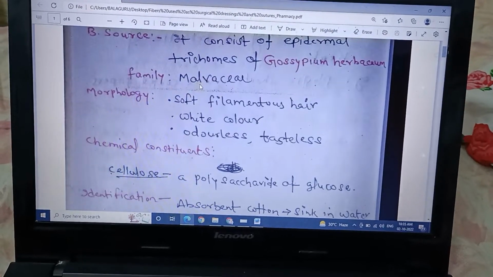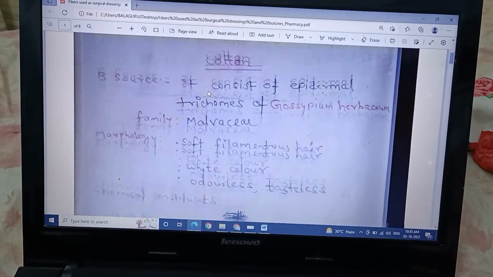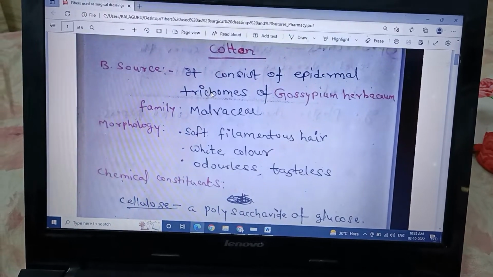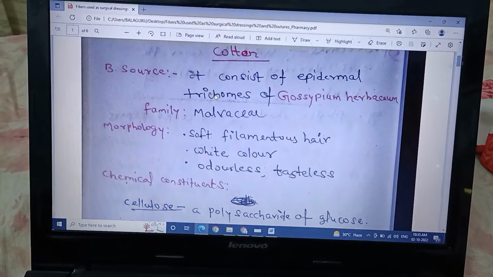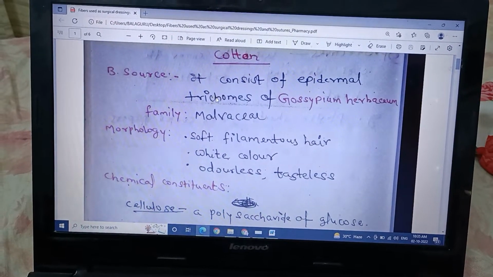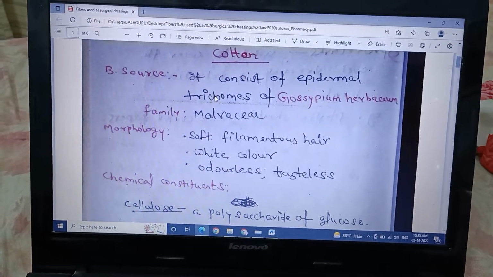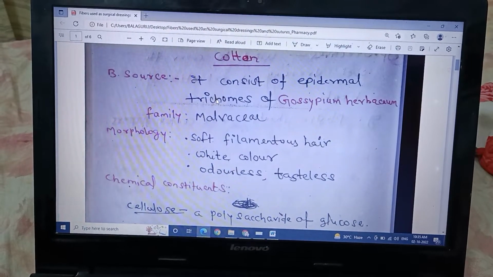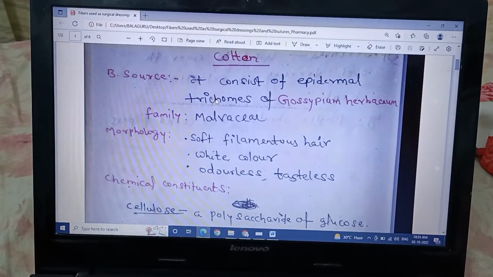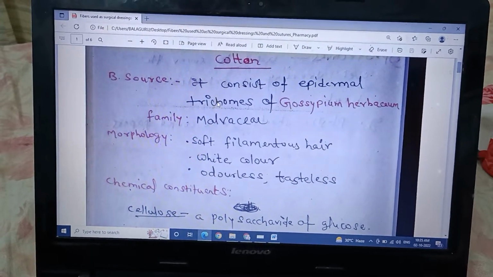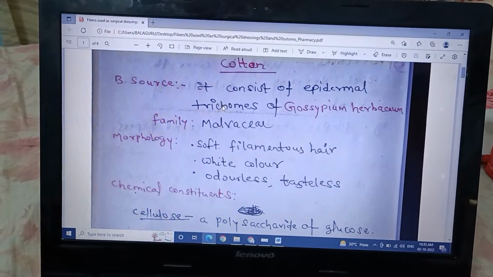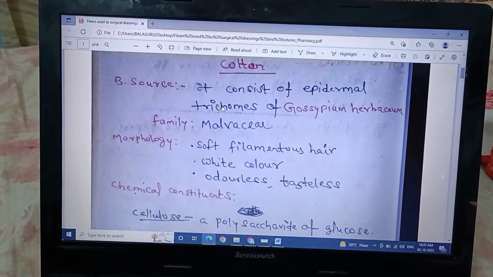When coming to the natural fibers, the first one is cotton. The biological source of cotton is the cotton plant, and it consists of epidermal trichomes of Gossypium herbaceum, of the family Malvaceae.